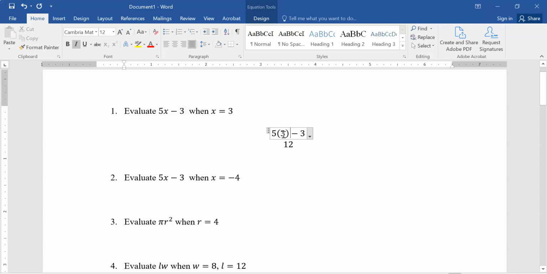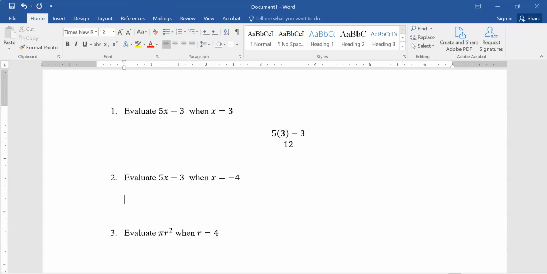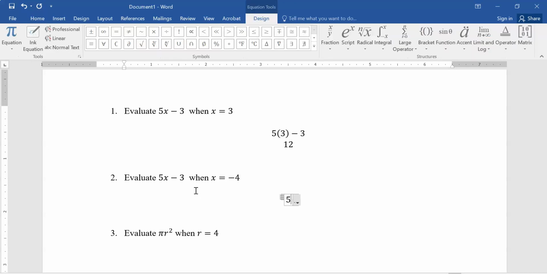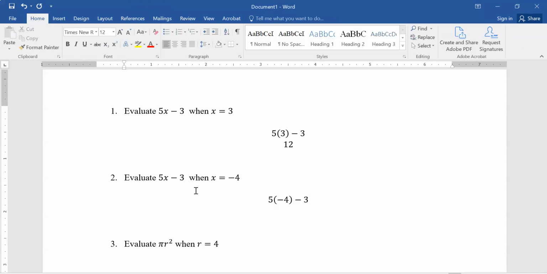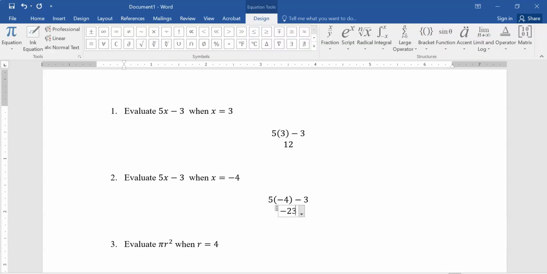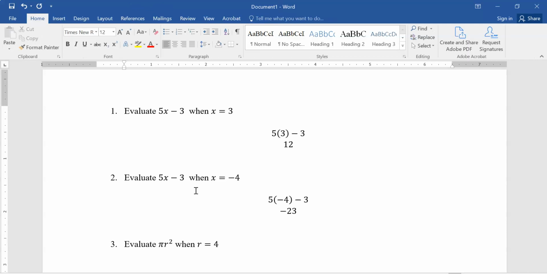So 5 next to a 3 should mean 5 times 3. So there you go. On problem number 2, we're going to take 5 multiplied times negative 4 and then subtract 3. Again, you can type this into your calculator. 5 times negative 4 minus 3 is negative 23. And that's the final answer.